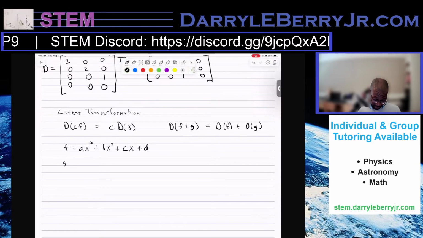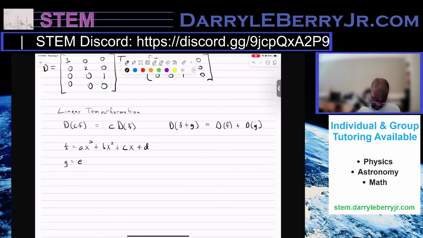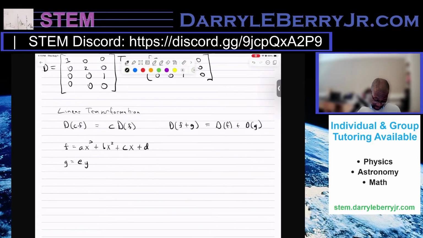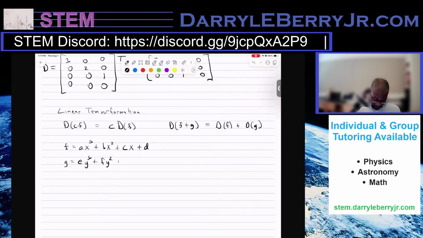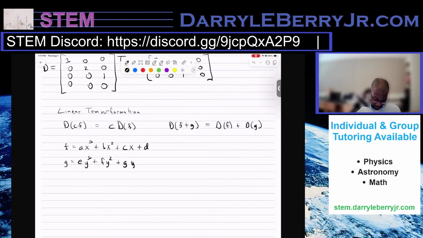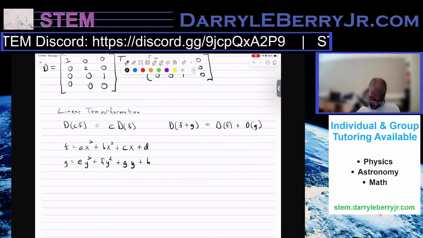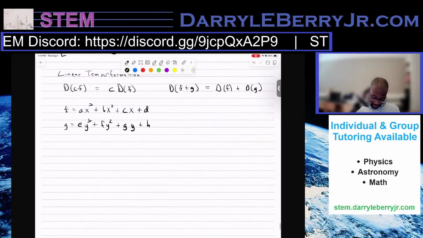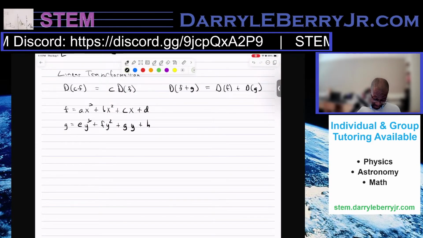And we can say g equals e y cubed plus f y squared plus g y plus h, right? So what we can do is go ahead and apply our formula.